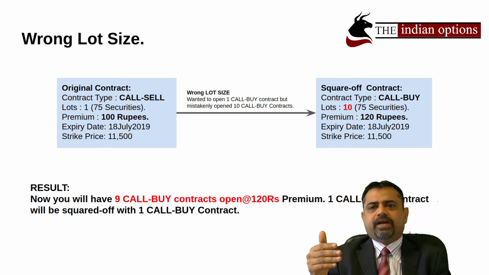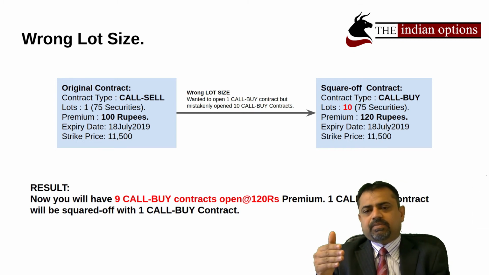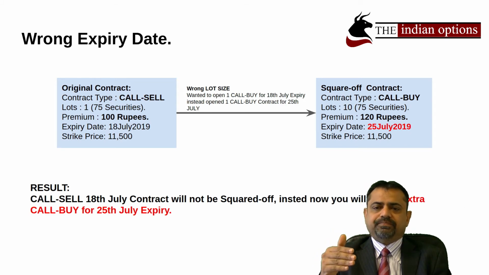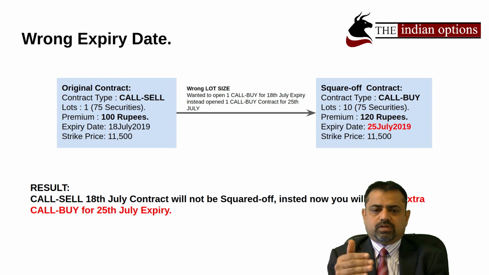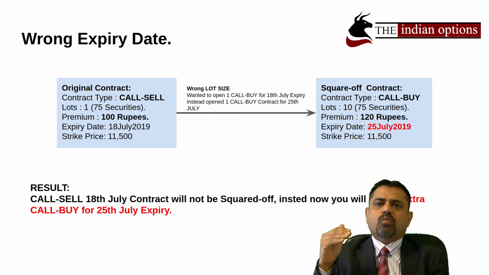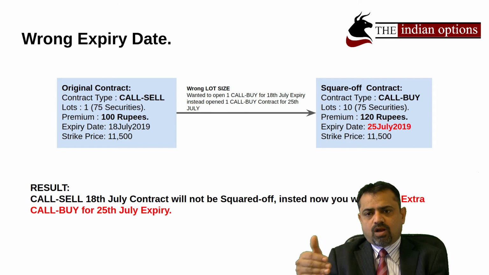Next is wrong expiry date. So in this example, I am saying that you had one call sell contract for 18 July. You wanted to open one call buy for 18 July, but instead you opened one call buy for the 25th July expiry.